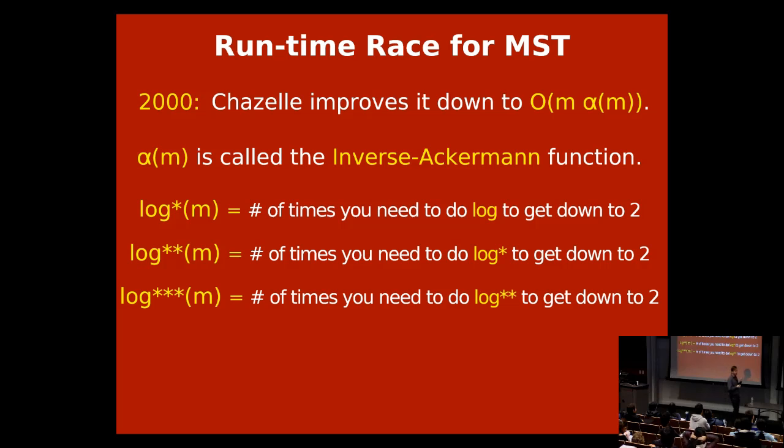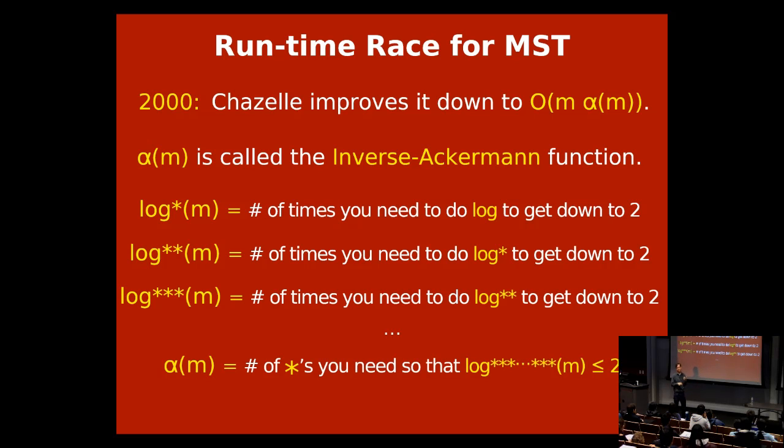And then there's log star star star m, which is the number of times you need to do log star star to get down to 2, etc. But these things all grow super fast compared to alpha. Alpha is the number of stars you would need to put in so that log with that many stars of m gets down to 2.